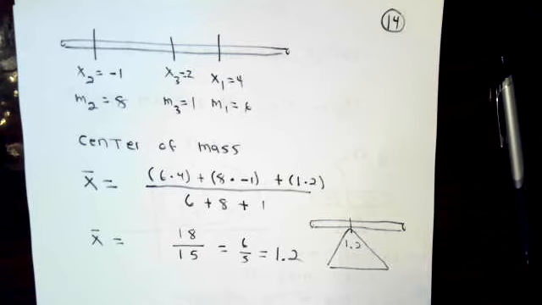So the place where this fulcrum should be located on the number line, represented by the lightweight beam, is x bar equals 1.2. If you put your fulcrum there, there'll be exactly as much clockwise tendency as there is counterclockwise, and you will have found the balance point.